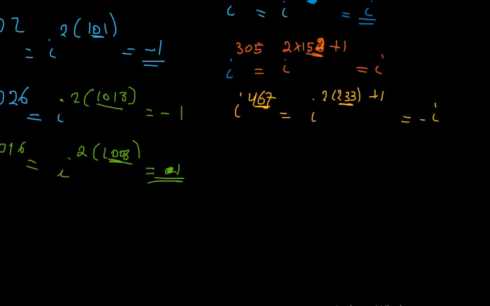Let me give you one more example, or just try by yourself. I want you to pause the video and try. Which operation, or what should be the power of i, so that we will have here 1, i, minus 1, and minus i? Pause the video and try.